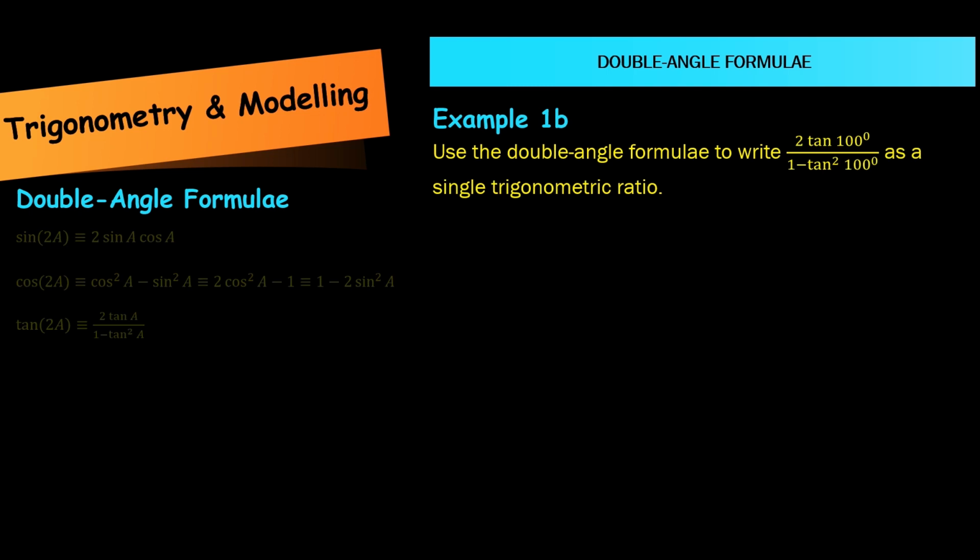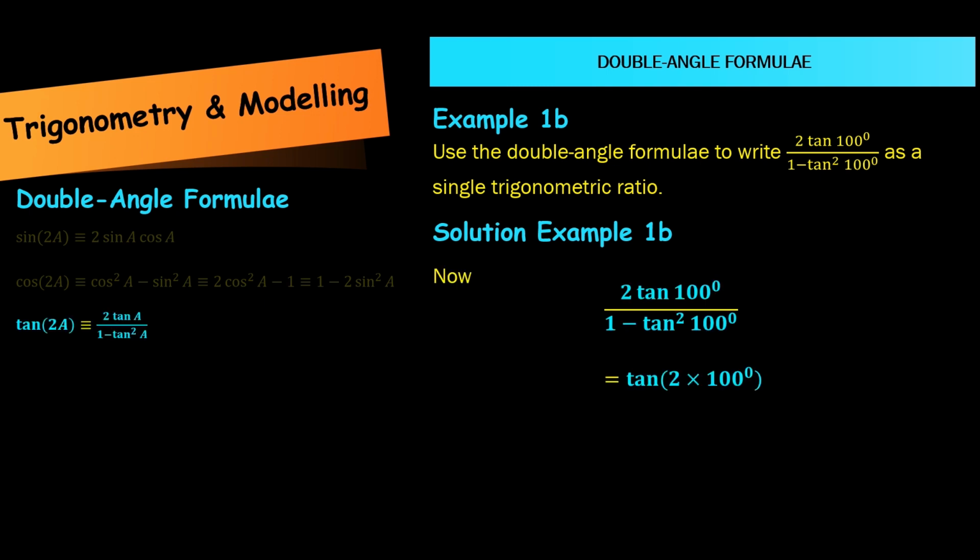Now let's take a look at part B. We are required to use the double angle formulae to write 2 tan 100 degrees all over 1 minus tan² 100 degrees as a single trigonometric ratio. So let's solve this. We are of course going to use the formula for tan.